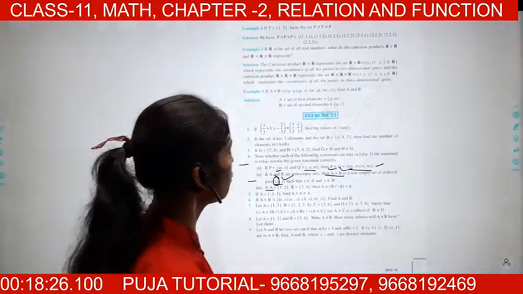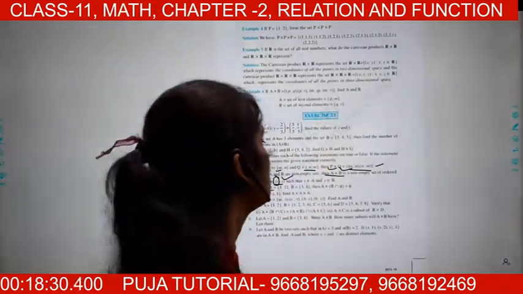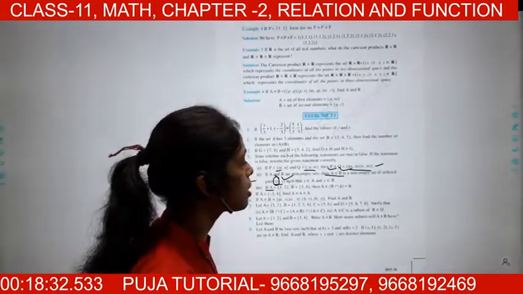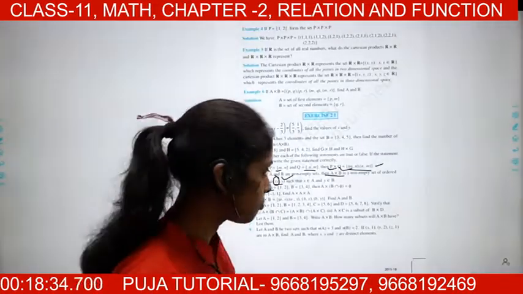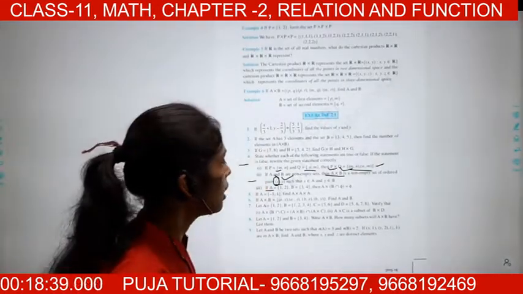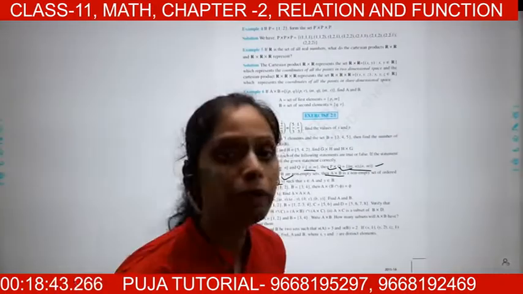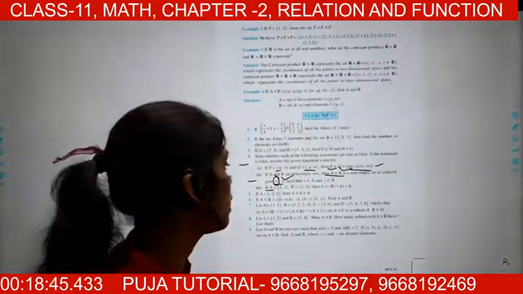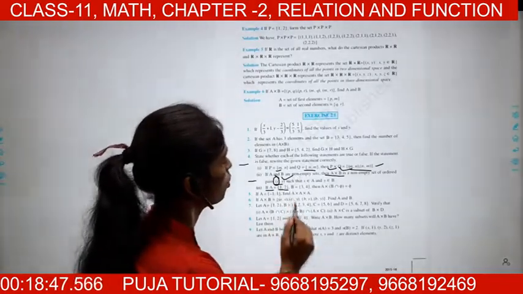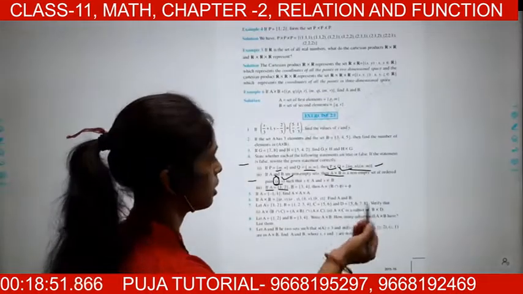Third one is, if A is equal to 1, 2 and B is equal to 3, 4, then A cross B intersection is equal to 5. Then you know that the number of elements of A is 1, 2, so it is not possible, then it is false.